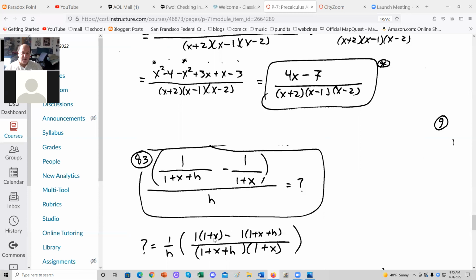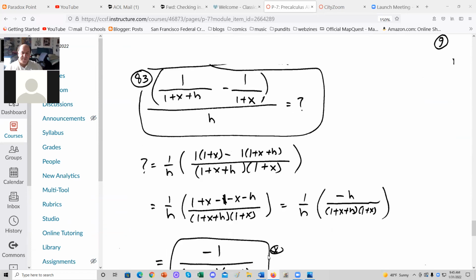1 times (1 plus x) here, minus (1 plus x plus h) times 1 here, over the product, (1 plus x plus h) times (1 plus x). Okay, distribute the 1. You distribute the negative sign over each of this. And keep the 1 over h. It's important to keep it around.